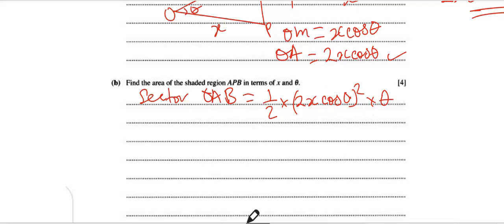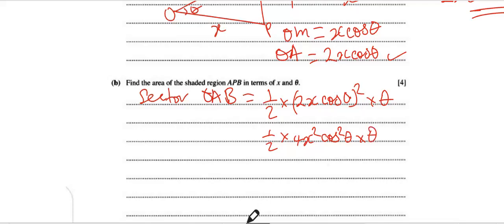So this becomes a half multiplied by (2x cos theta) squared. If we open that up, this becomes 4x squared cos squared theta, and then multiply this by theta outside.